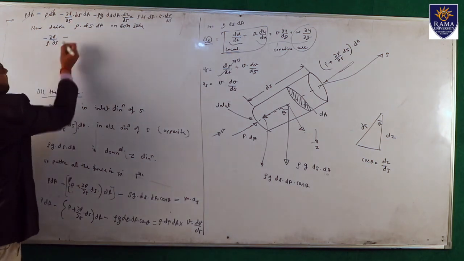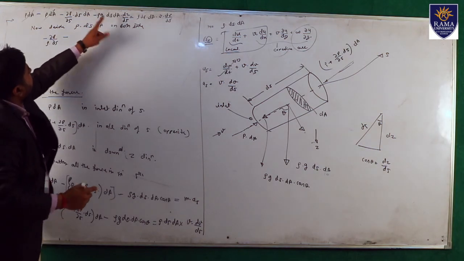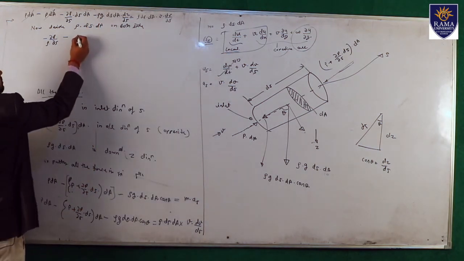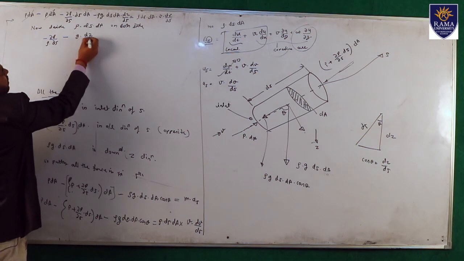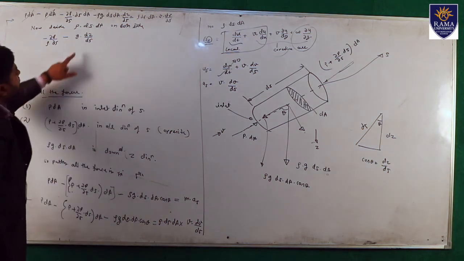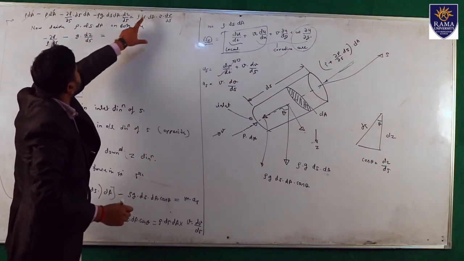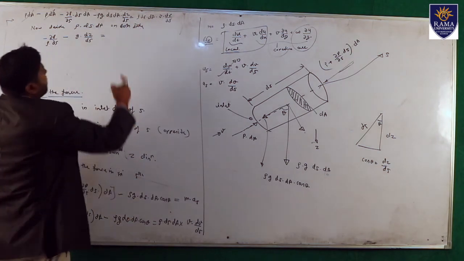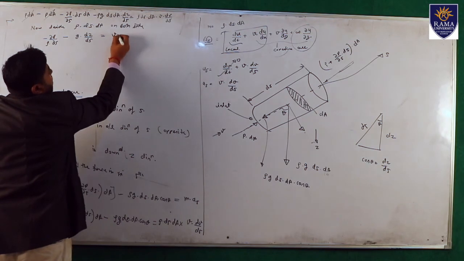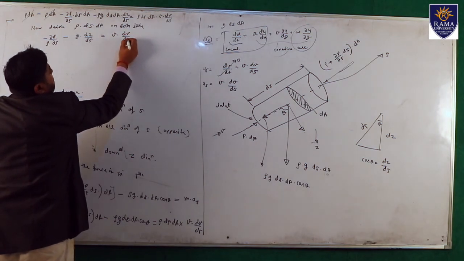Another thing, minus rho ds dA, only remaining g dz upon ds. Okay, what will become? This part will become rho ds dA only v dv upon ds.